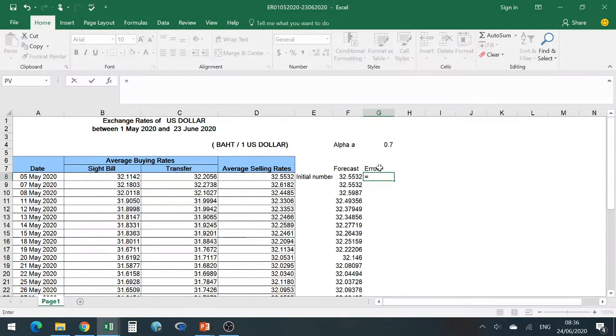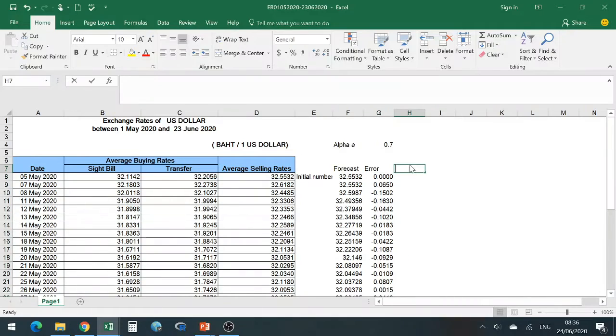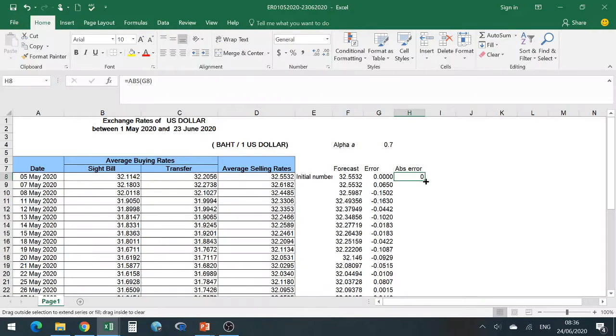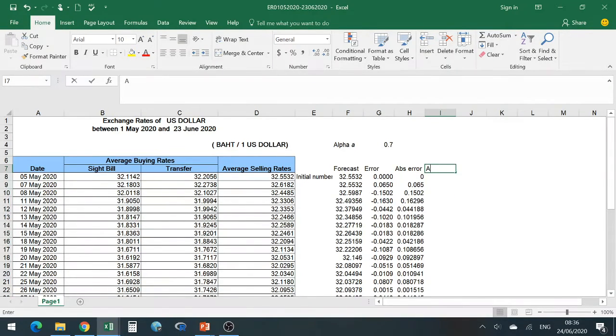So we need to calculate the error. Error is actual minus forecast, which you already know. Then you need the absolute error, so ABS, which just takes the negative sign off the number. The absolute error percentage is equal to the absolute error divided by actual.